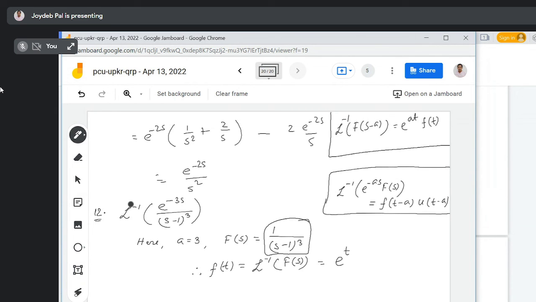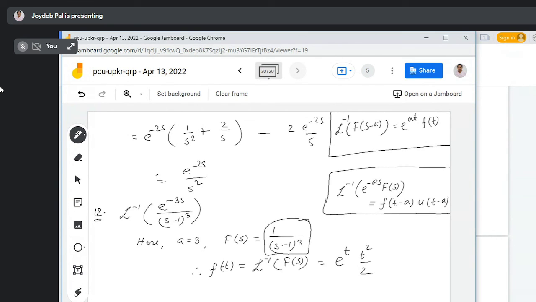अभी जो मैं f(s) बोल रहा हूँ वो वाला f(s) और ये वाला f(s) डिफरेंट है, वो मैं फॉर्मूला के साथ कंपेयर करके बता रहा हूँ. ओके, तो f(s) होगा 1 by s cube, तो उसका इनवर्स क्या होगा? 1 by s cube का इनवर्स t square by 2. So that is the function f(t).